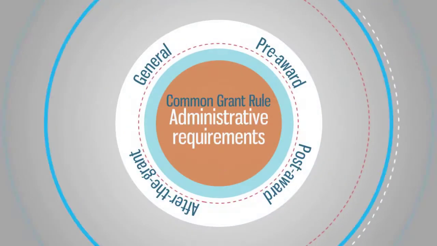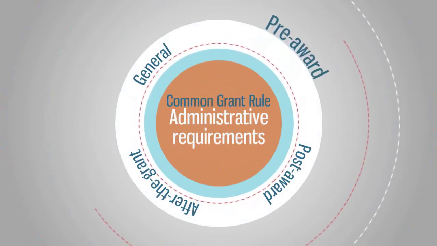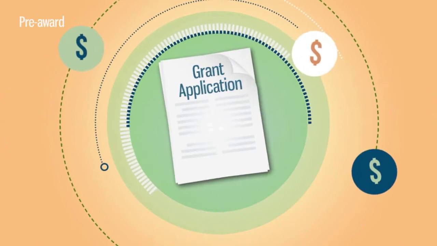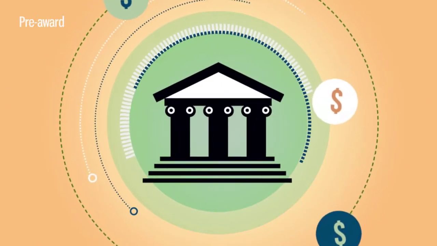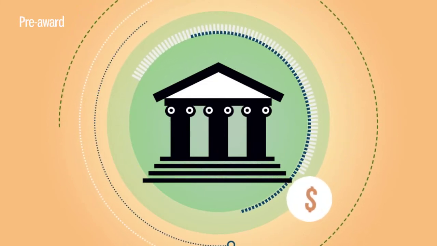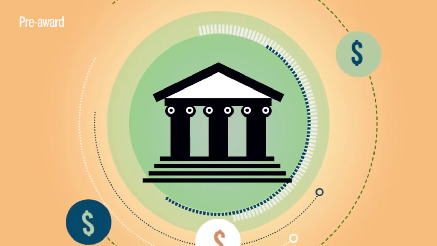For many federal programs, state and local agencies must meet pre-award requirements. Usually, the first of these requirements is the submission of a grant application to request federal funds. However, the Federal Aid Highway Program generally does not require state departments of transportation, or DOTs, to apply for federal funds.